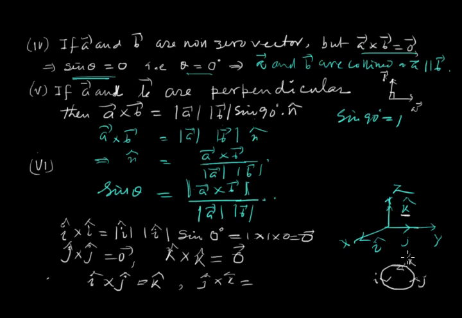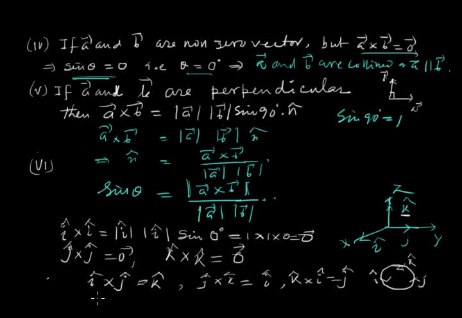If we place them in a circular manner, then we'll say i cross j is k, then j cross k will get i cap, and k cross i cap will get j cap.